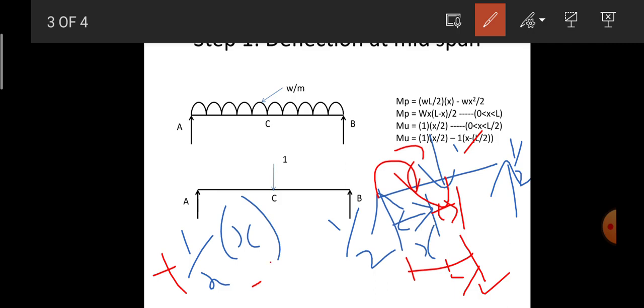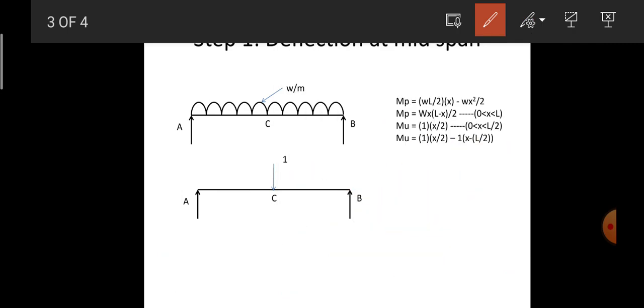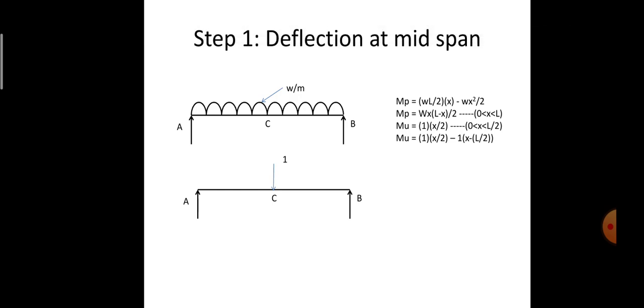So it is minus 1 into x minus L by 2, which is equal to 1 into x minus L by 2. Therefore the overall unit load magnitude will be equal to L minus x by 2 between the limits L by 2 to L.